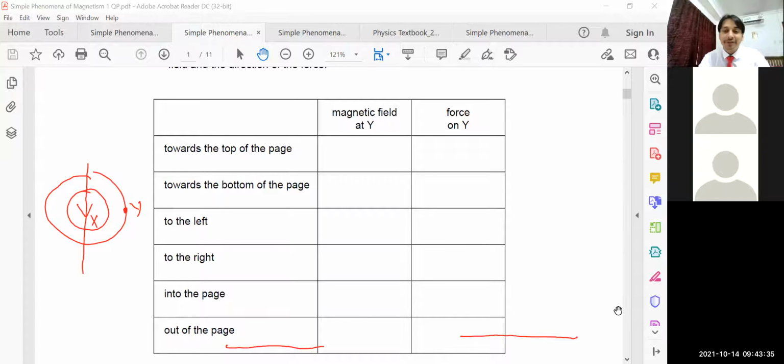You need to apply it. Ananya said the magnetic field is bottom and the force is to the left hand side. Oh yeah, okay, Ananya. Other children, Ethan.